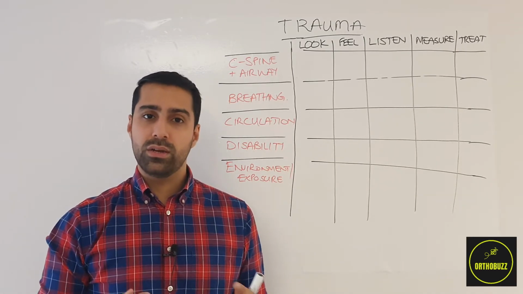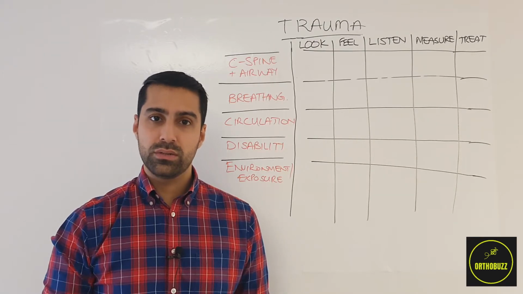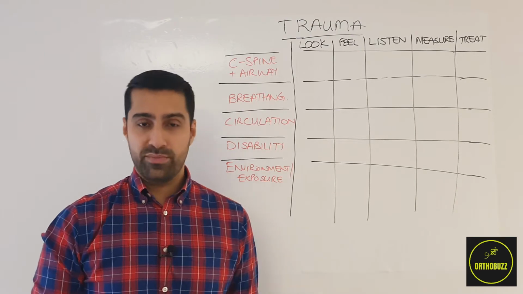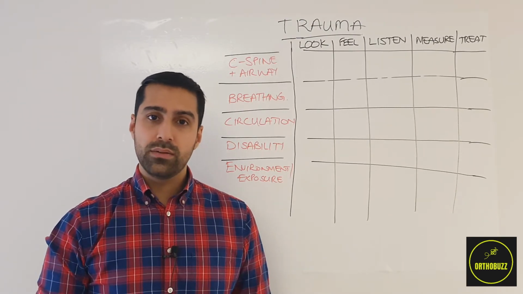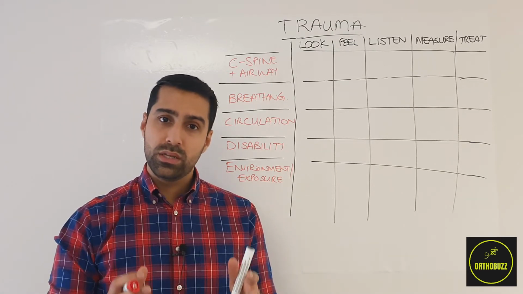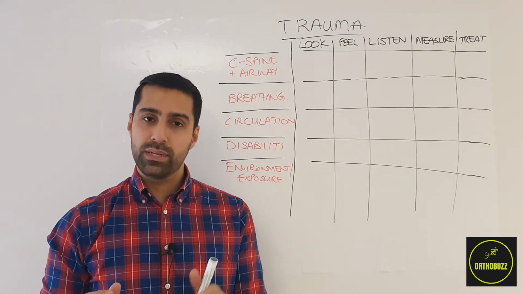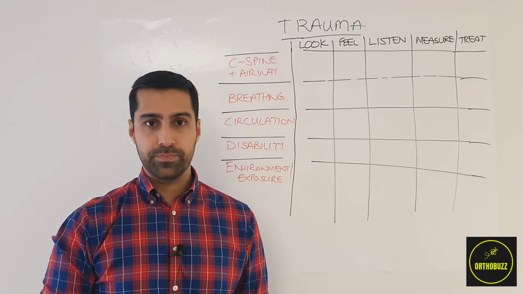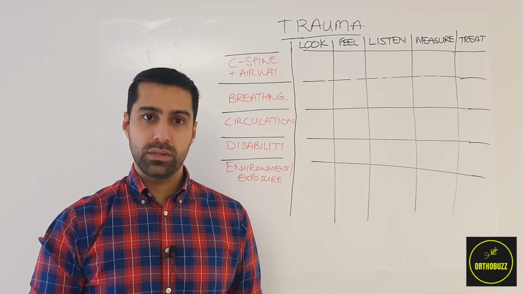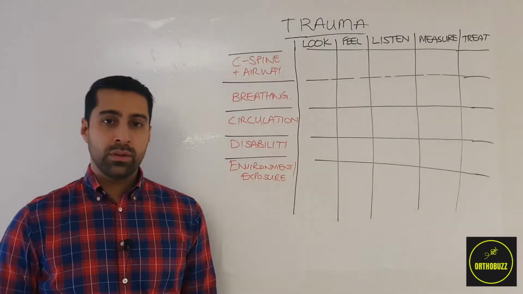He's not requiring any oxygen to maintain his saturations, which are 100%. He's been given 1 gram of paracetamol, some morphine, and tranexamic acid as well. So he's brought in GCS 15 and hemodynamically stable to the emergency department. So if you are the SHO tasked with assessing this person, how would you proceed?